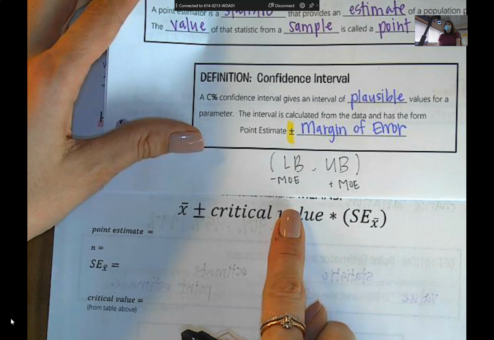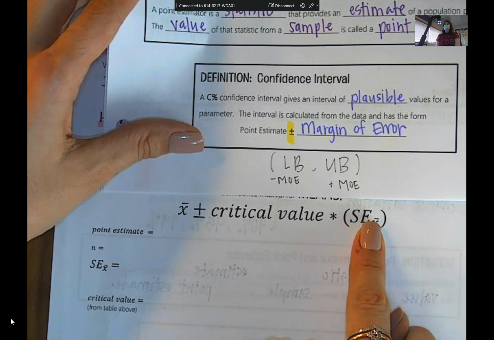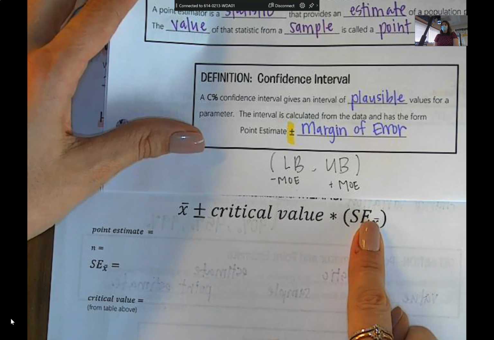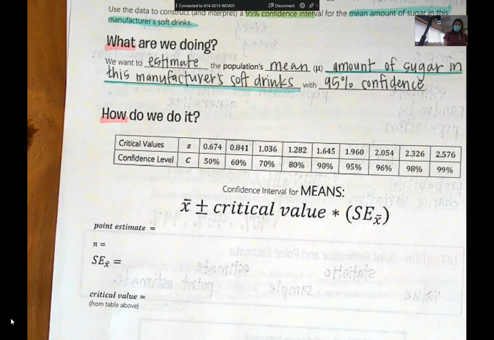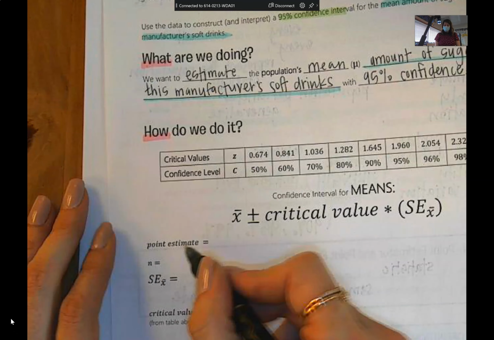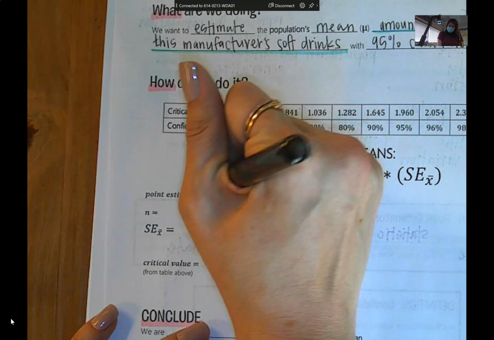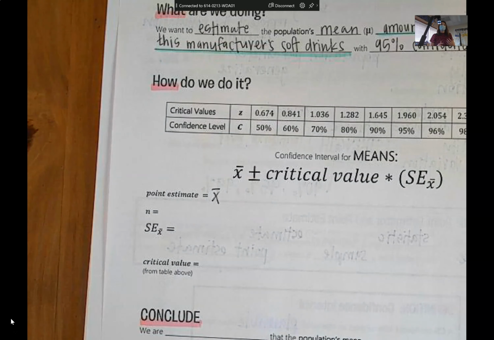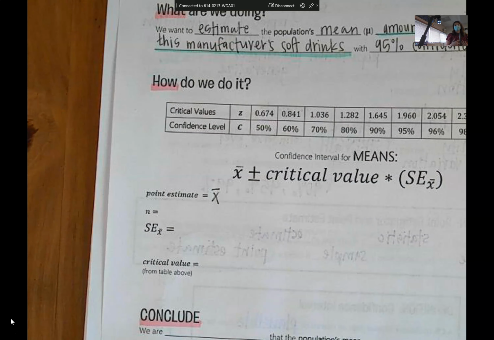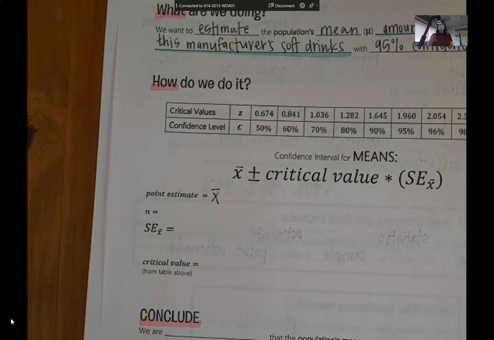It's this thing called a critical value multiplied by the standard error of our sample. So let's start with what we know how to do. Let's find our point estimate. So remember, our point estimate is the average sugar content in our sample, because that's what we're trying to estimate, the average sugar content for the population.